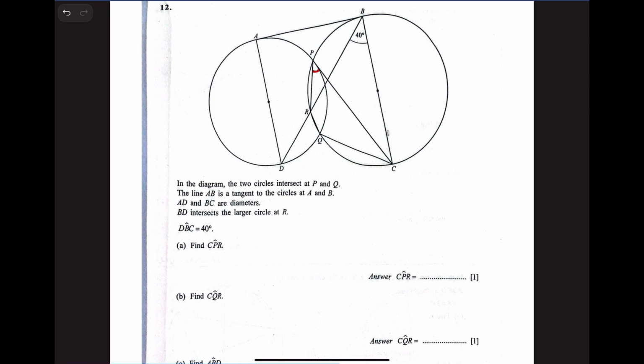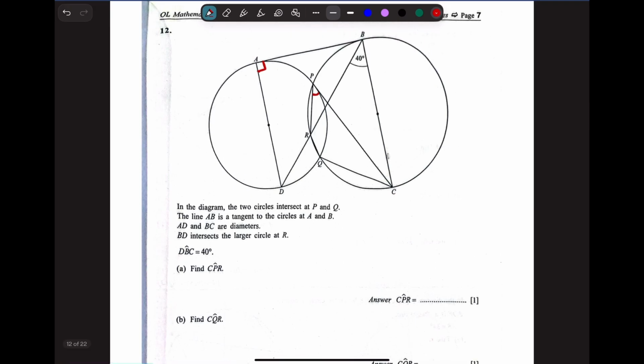Since this is the center, this is the radius, and the radius and tangent intersect at 90 degrees. So this is going to be a 90-degree angle. Similarly, this is the radius and tangent, so this is also going to be 90 degrees. So let's mark this as 90 as well.